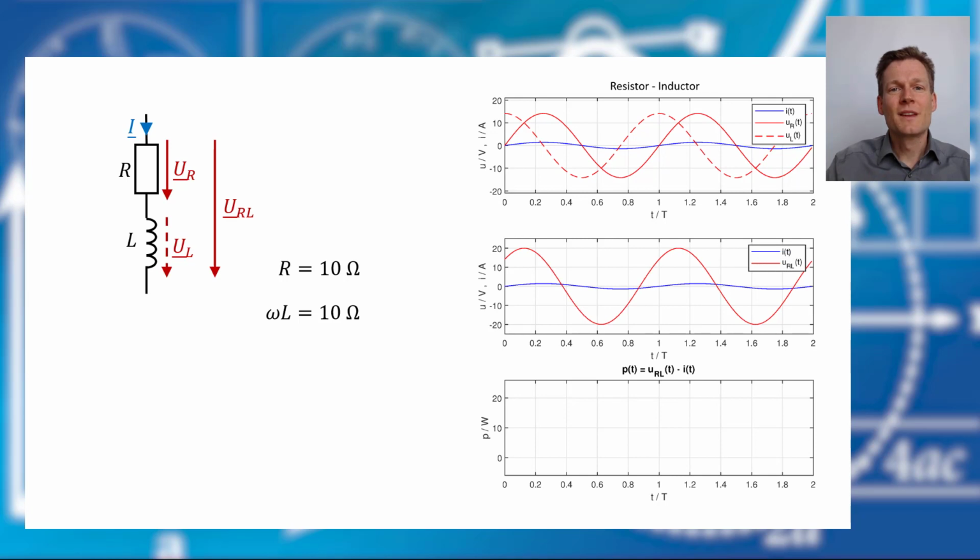And now I calculate the power consumption of our load by multiplying the total voltage and the current for every moment, as we did before. And the result looks like this.